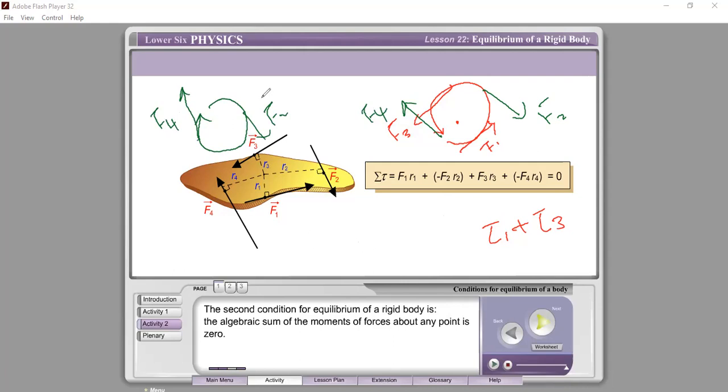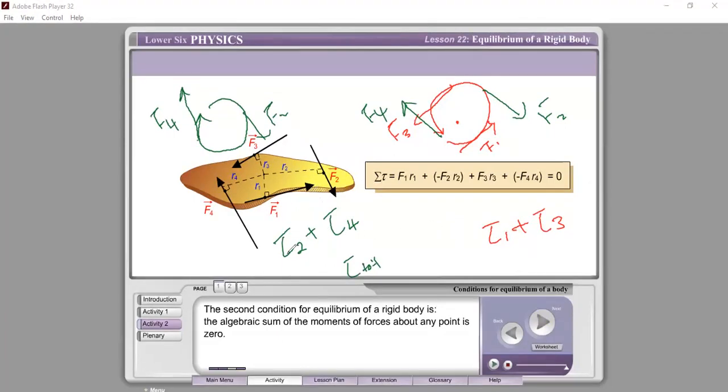So torque 2 and torque 4 are in the same direction.